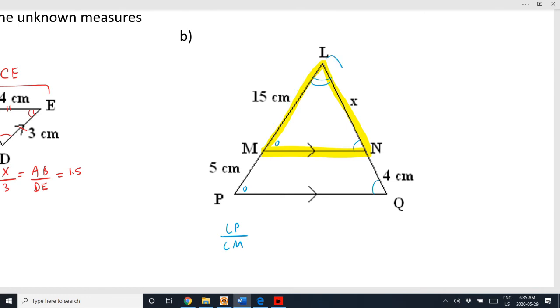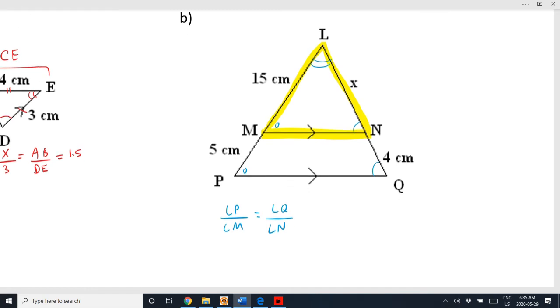So the big triangle on this side is going to be L to Q. And on the little side, it's going to be L to N. So the proportion between LP to LM is going to be equal to LQ to LN.